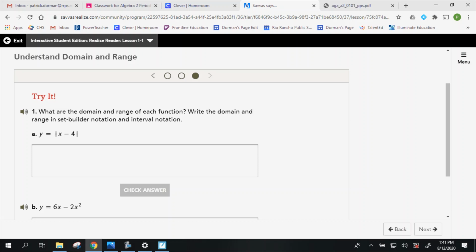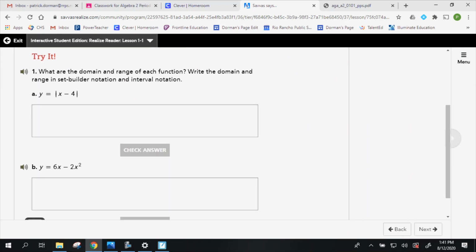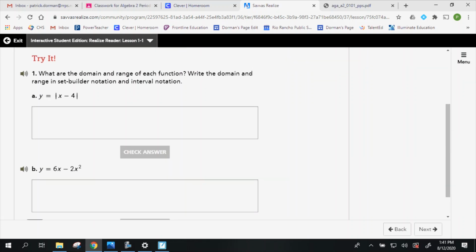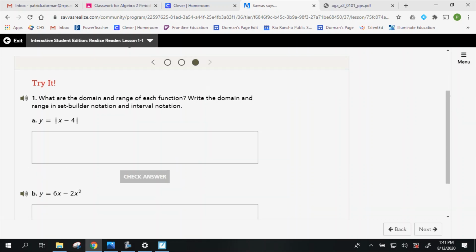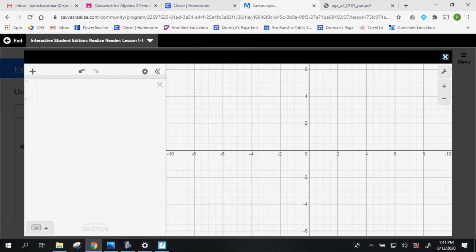All right, let's find the domain and range of each of these functions, okay? So in order to do this, I'm going to look at the graphs of these, all right? That's going to be my main approach. So I'm going to go to Desmos, and we're going to graph the absolute value of x minus 4.